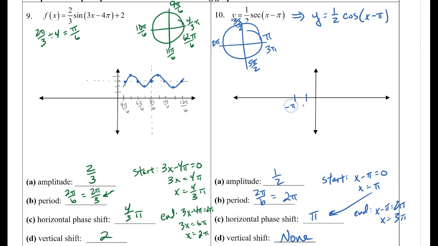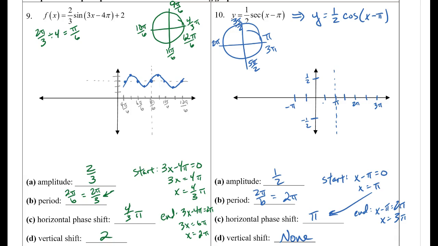So negative pi halves, 0, pi halves, pi, which is my actual starting point on this graph, 3 pi halves, 2 pi, 5 pi halves, 3 pi. And then I'm just going to go ahead and make little tick marks at the top and bottom for 1/2 and negative 1/2. We can put those wherever we want.